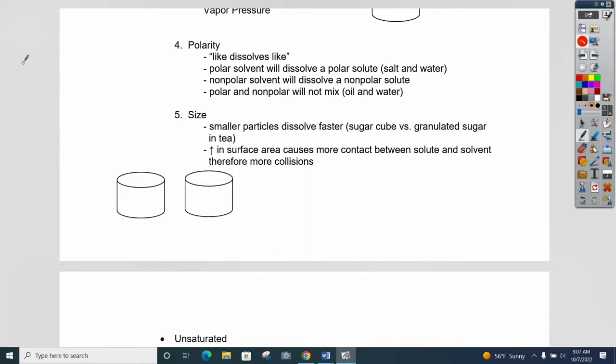So, for example, let's say you were asked, which of the following is more likely to dissolve in water, or which of the following has a higher solubility in water, CO2 or ammonia? Okay, so to figure that out, I've got to draw out their Lewis structures. Your carbon has 4 valence electrons, each oxygen has 6, so that's 12, so that gives me 16 valence electrons.